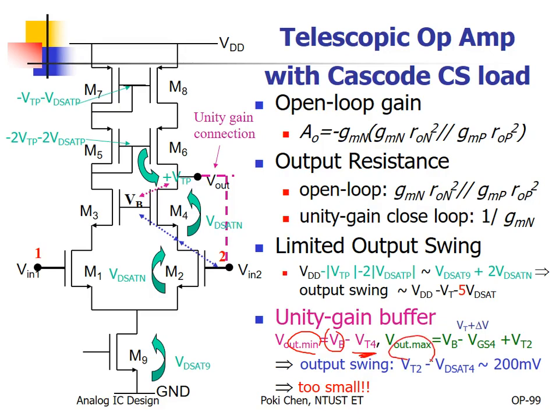And the maximum is the same, VB minus 1 delta V. So what is the difference? VT minus delta V. Right? So, even smaller than before. Okay? That is the difference between your VT and your delta V.